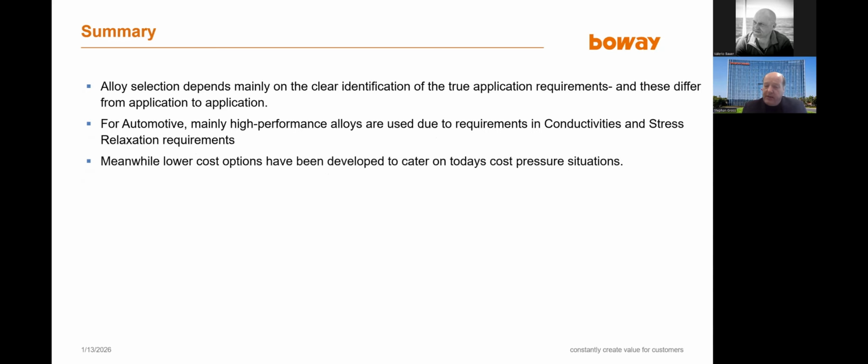And please be aware that even for standard materials like a bronze, or sometimes a copper nickel silicon, there are meanwhile alloys which have been developed that could cater to this kind of cost pressure. Therefore, it's very important that this information is spread across the supply chain.